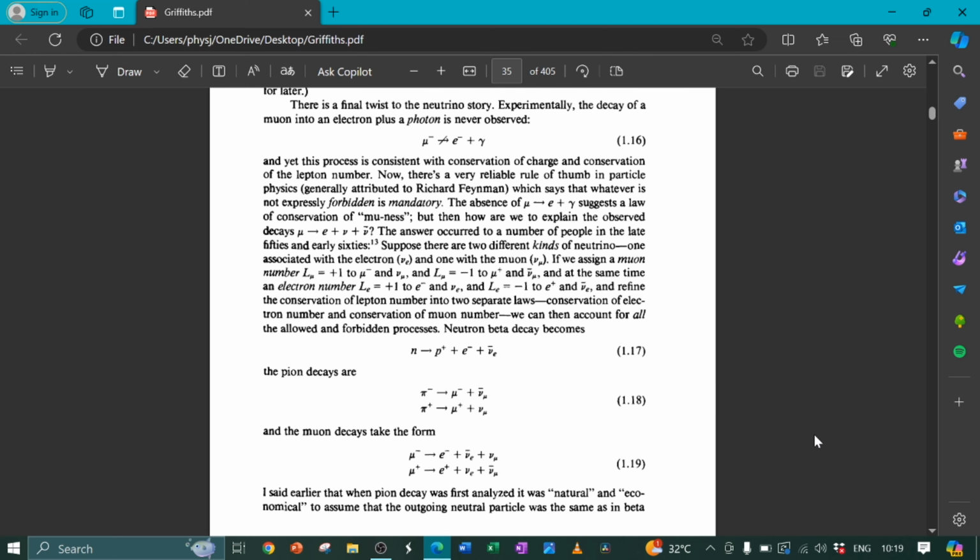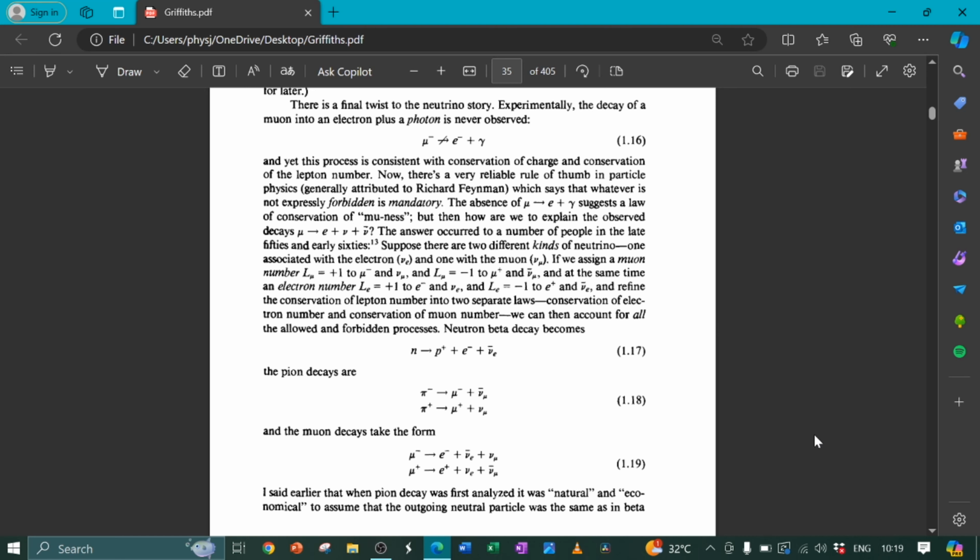Neutron beta decay becomes neutron goes to proton plus electron plus antineutrino. The pion decays are pion goes to muon plus muon antineutrino.